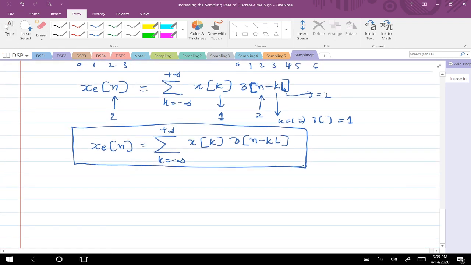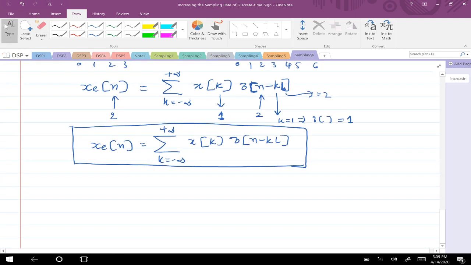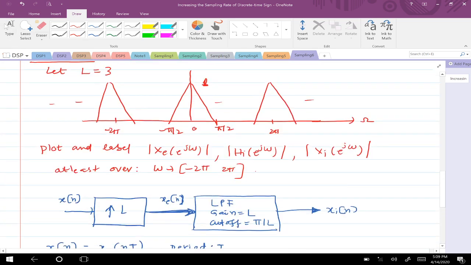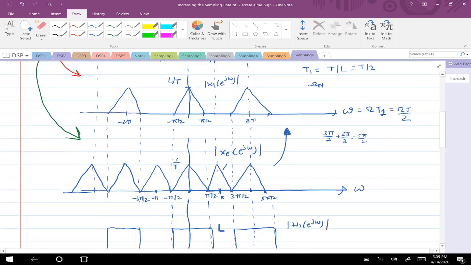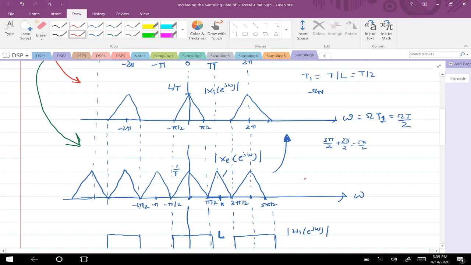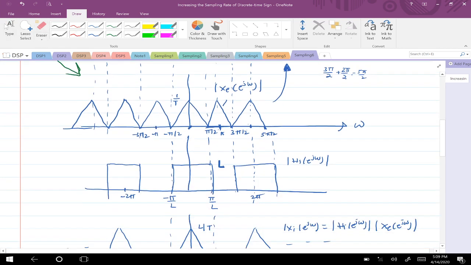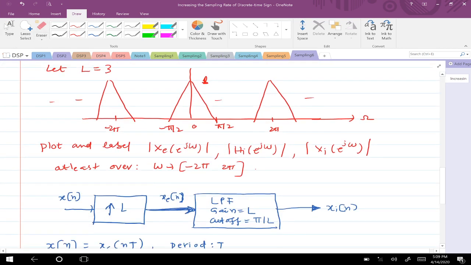Well, before that, let me give you one more exercise to work out. That's to find out what would be the discrete-time Fourier transform of Xe of n. Of course you already know it, that's what we have drawn here, right? But you would be doing the same thing mathematically, which would give you the same expression.